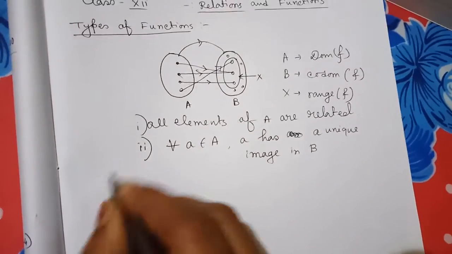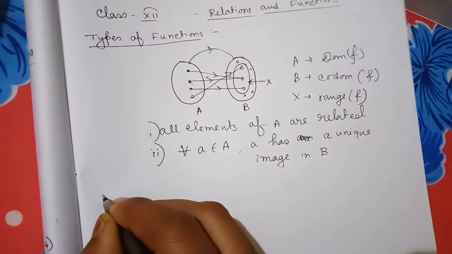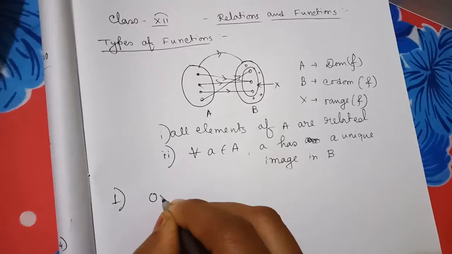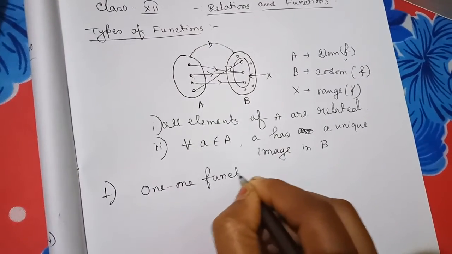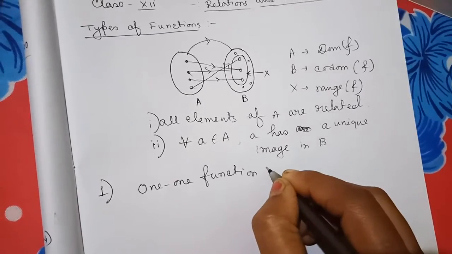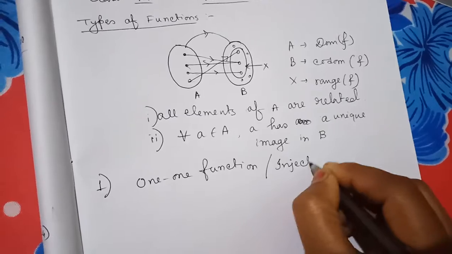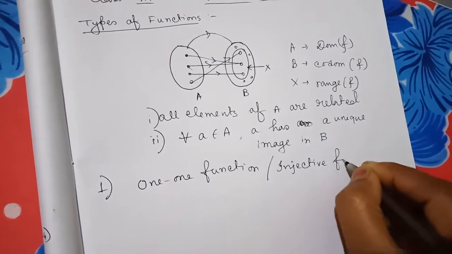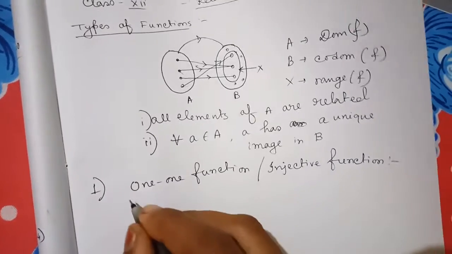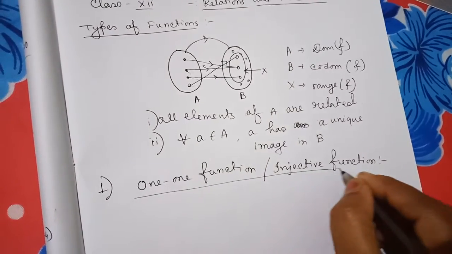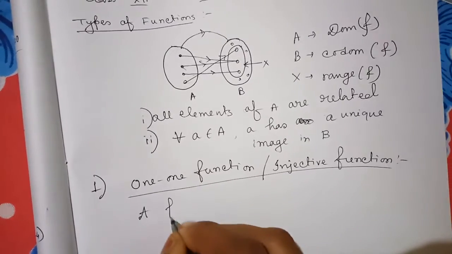Coming to the types of functions, the main topic today. Number one, one-one function, or you can say injection or injective function. So this is the first category. Now its definition.